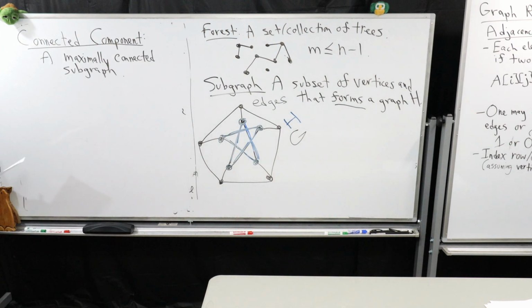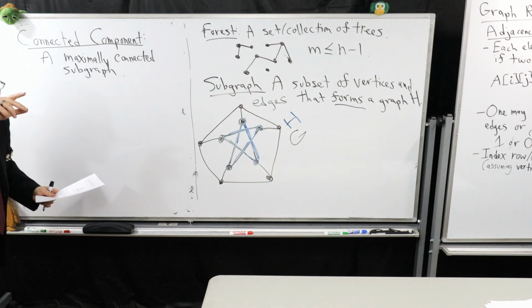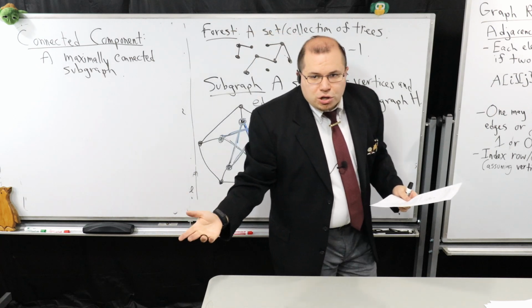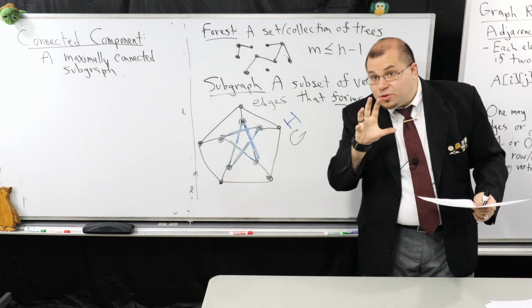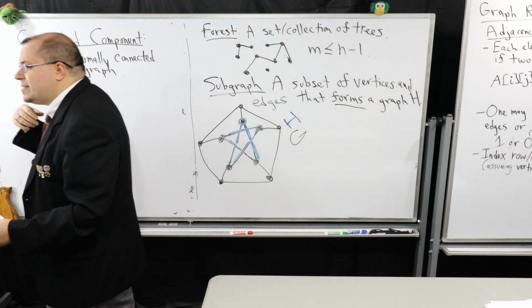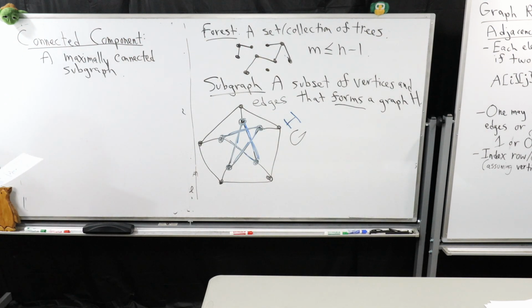Now, what happens when you don't have a way to reach a vertex? Well, there's a possibility of including edges or not including edges in subgraphs. So what I mean by maximally connected is that I'm going to include as many edges as possible in each one of the subgraphs so that it still is a connected graph.